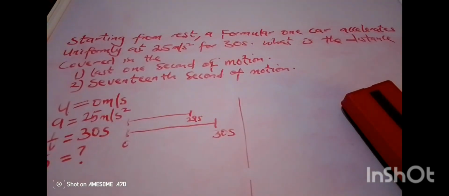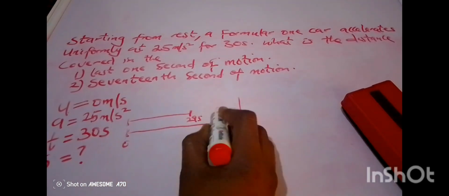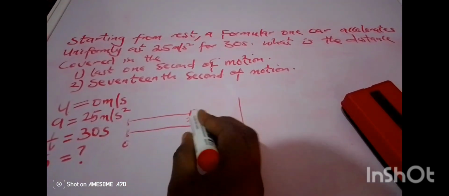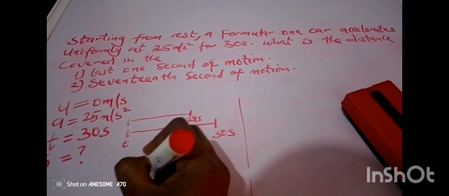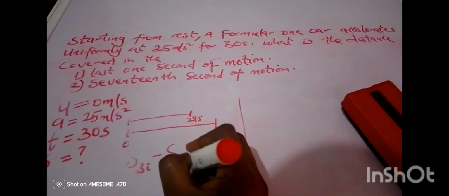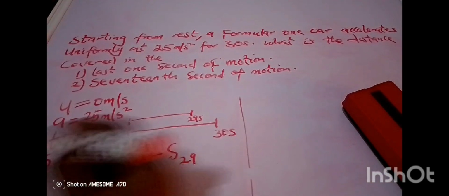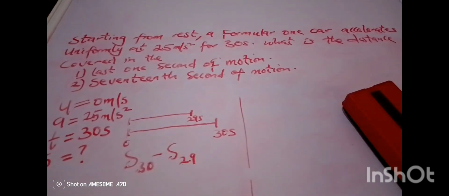So the distance covered during the last 1 second is going to be the distance covered in 30 seconds minus the distance covered in 29 seconds. To get the distance for 30 seconds, you make your T 30 seconds, while for the distance for 29 seconds, you make your T 29 seconds. So let's quickly go and solve.